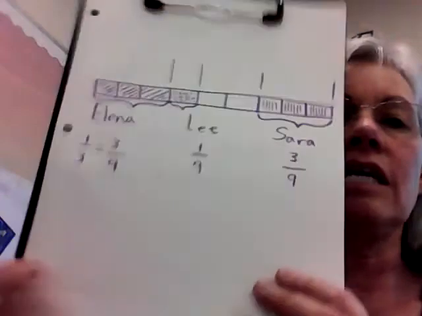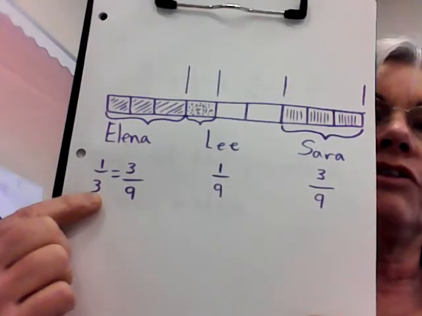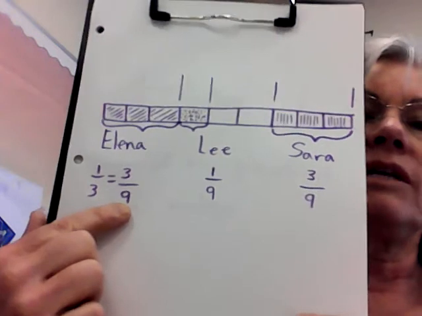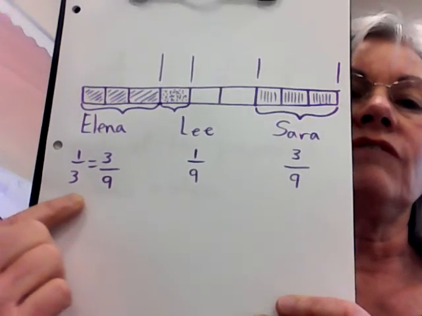I'll also add some detail to my illustration to help us see how the parts work out. Elena is eating 1/3 of the grapefruit, but in order to do this addition problem, we need to use 9ths. So we'll calculate the equivalent fraction.